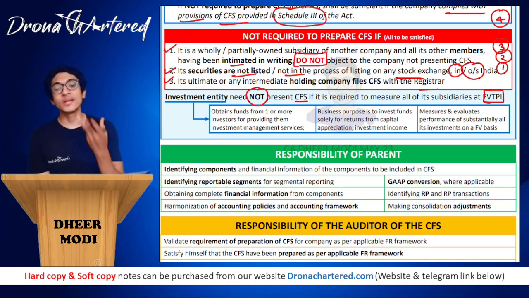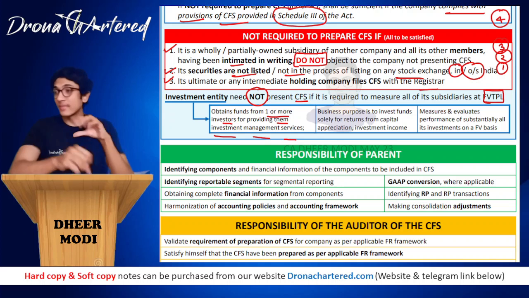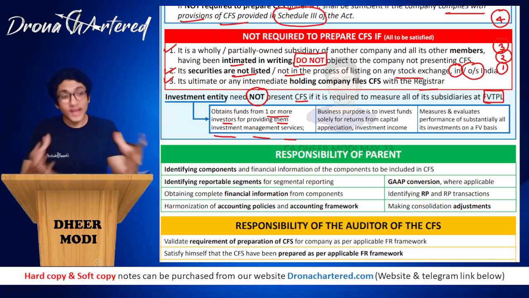Now you have to understand what an investment entity is. An investment entity obtains funds from one or more investors for providing them investment management services. That means you take funds from a lot of people and tell them that I will manage your fund.